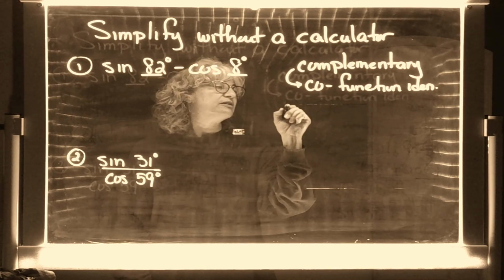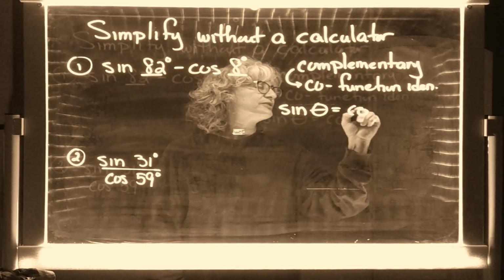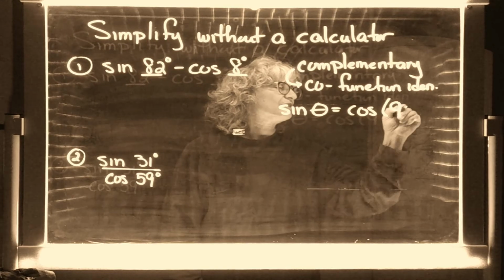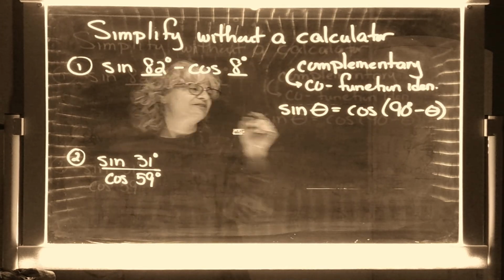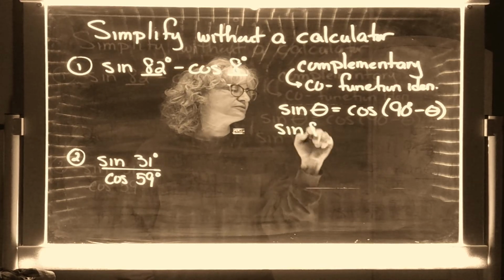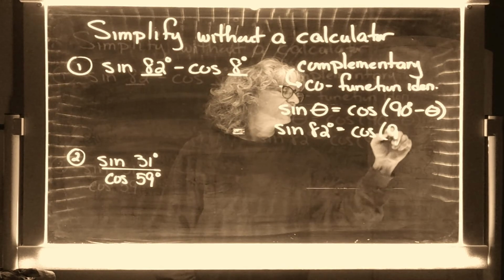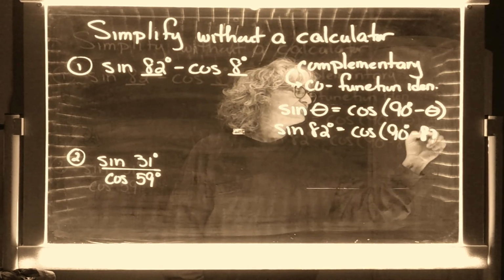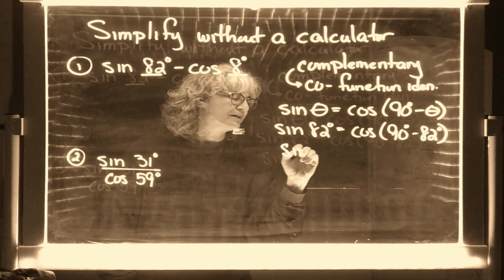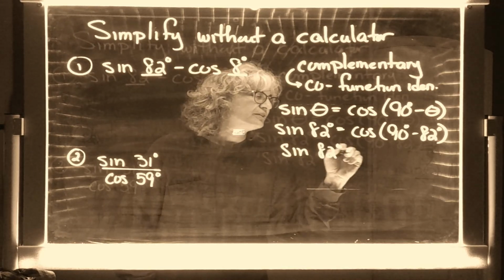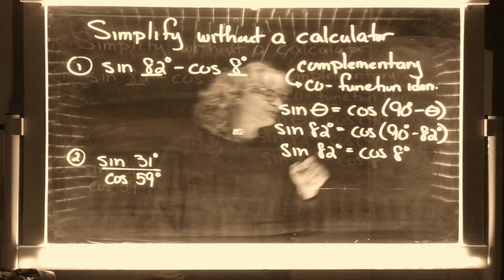So, the sine of an angle is equal to the cosine of its complement, isn't it? Well, if I have the sine of an 82-degree angle, that means it's equal to the cosine of 90 degrees minus 82 degrees. Are you with me? Which means the sine of 82 degrees would be equal to the cosine of 8 degrees.